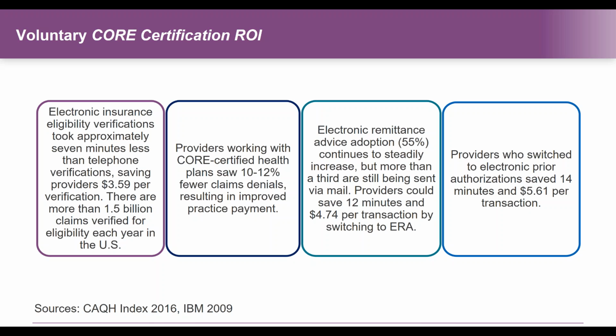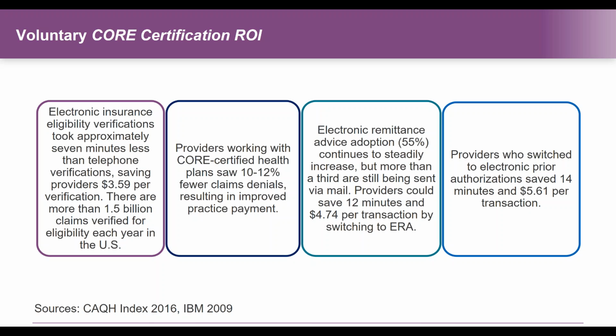So for providers, for example, utilization of the eligibility transaction can save an average of $3.59 per transaction, with studies showing that it can take approximately 7 minutes or less to perform a transaction versus performing an eligibility check over phone. So if you think about how many eligibility verifications a hospital or maybe your organization may perform on a daily basis, and adding all those over the course of the year, that could be the potential for a great cost savings.